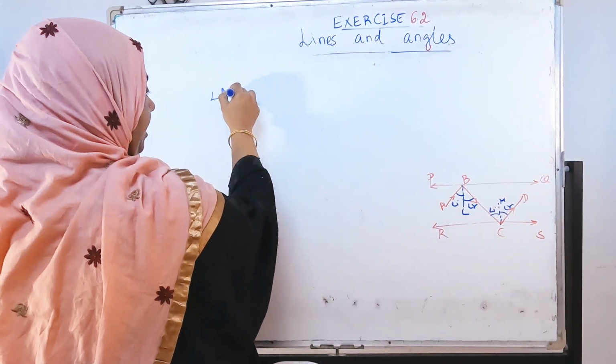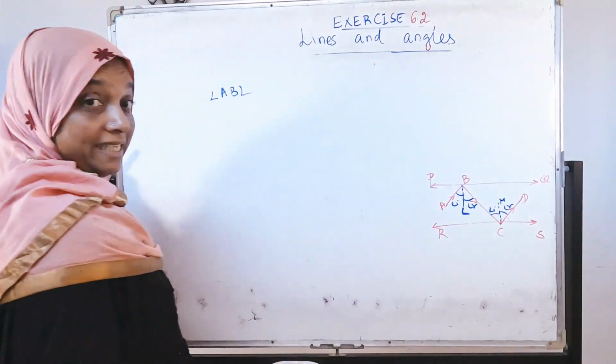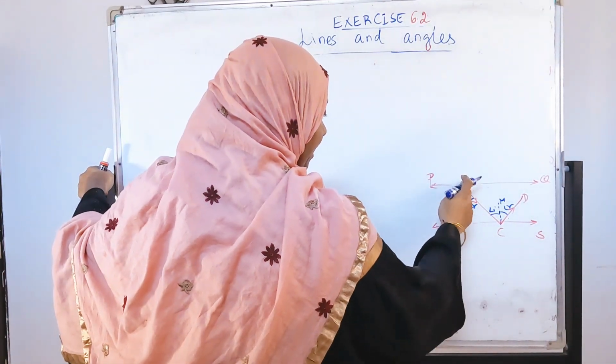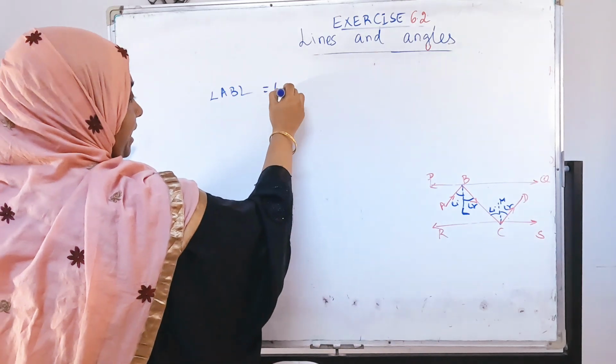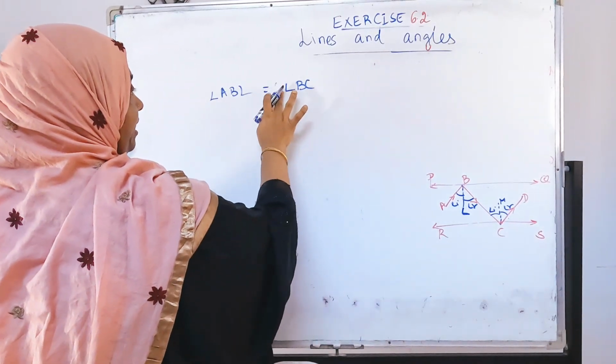Angle ABL. Come on, do with me. Don't sleep. Don't look here and there. Look here. ABL, LBC. This is angle LBC. This is L. Don't get confused. Okay.